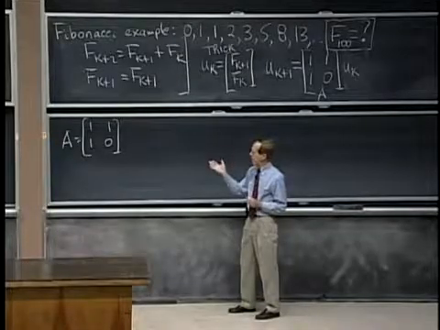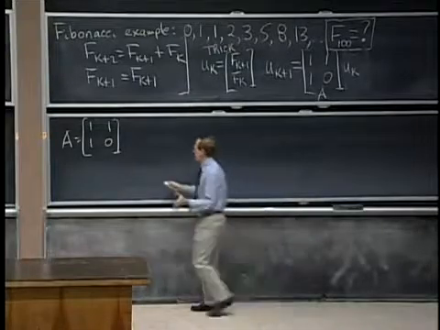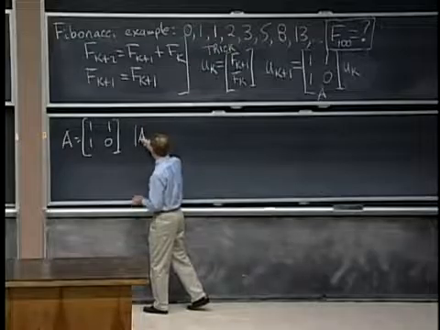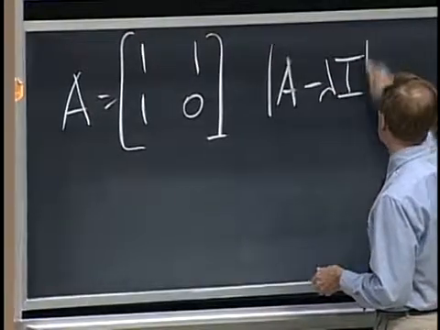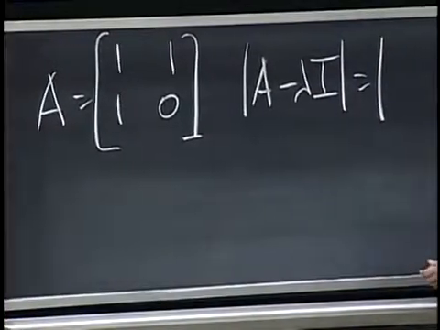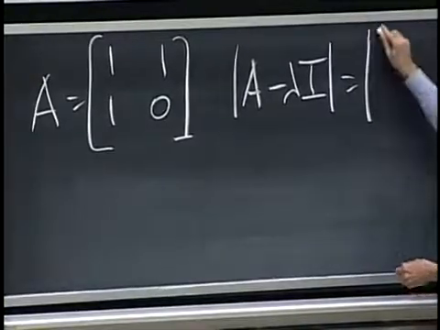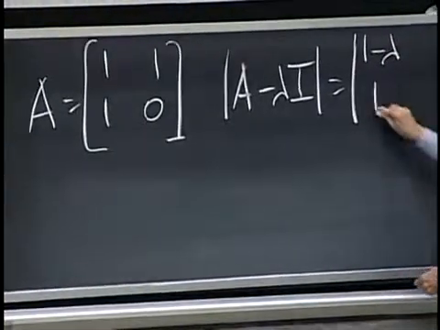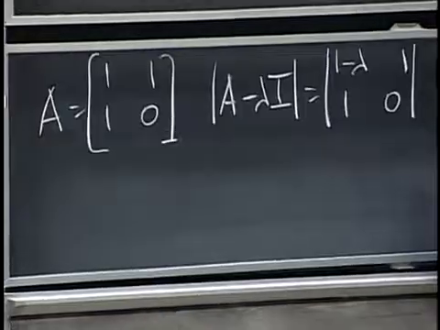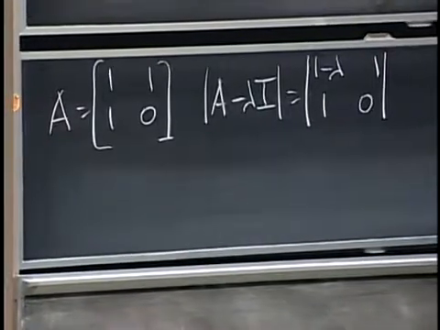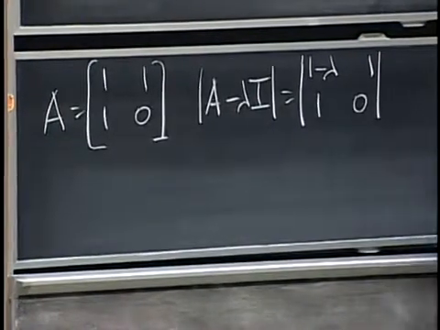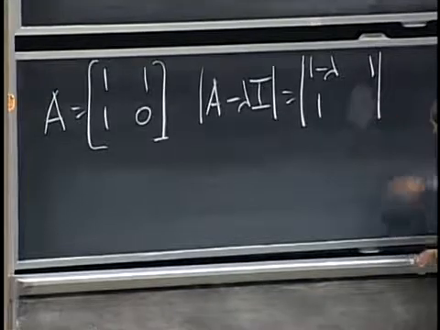What do I know about those two numbers? Well, do you want me to find this determinant of A minus lambda I? Sure. So it's the determinant of 1 minus lambda, 1, 1, 0 minus lambda.